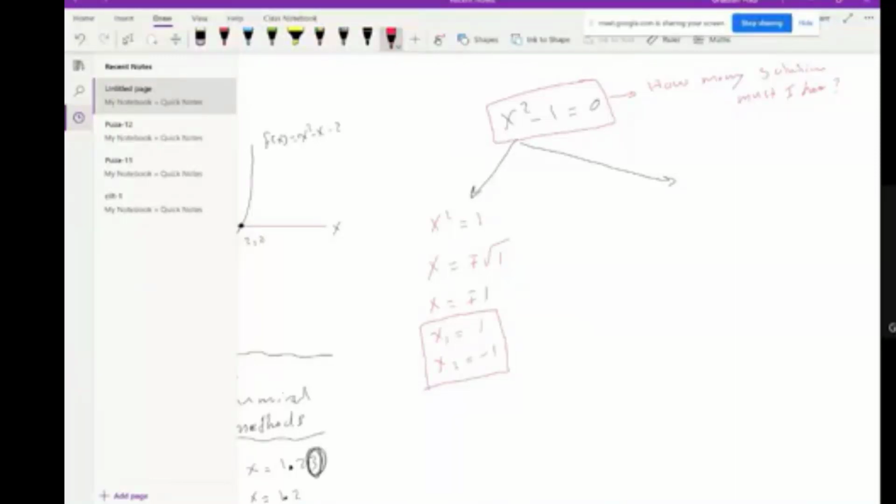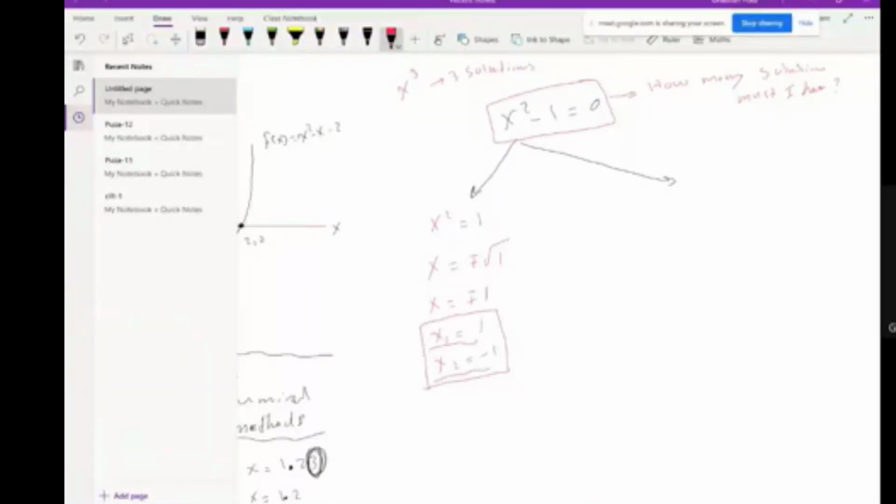Because I have a second order equation, I must have two solutions, x1 and x2. If I have x cube, I must have three solutions.